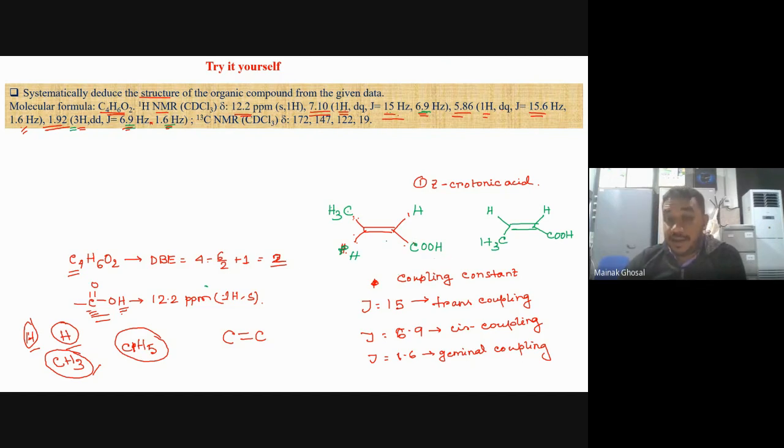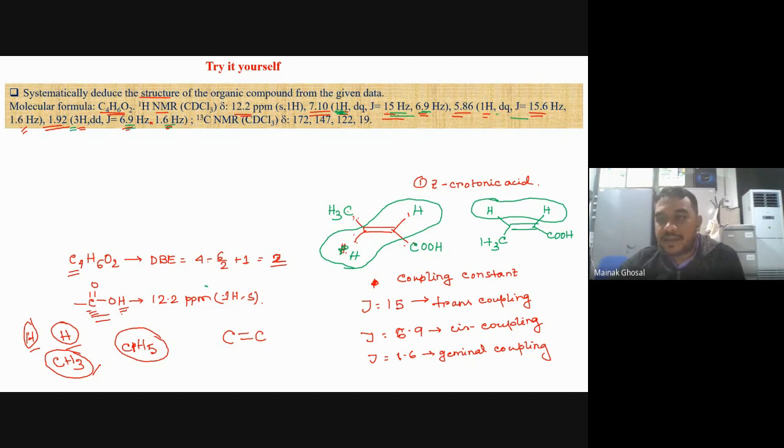How can you find that? It's very easy. If this is the structure, these two hydrogens are coupled via trans coupling; in the other, they are coupled via cis coupling. Now you need to see your 1H data. This one hydrogen peak is 15 hertz and this is 15.6 hertz. That is the same thing.